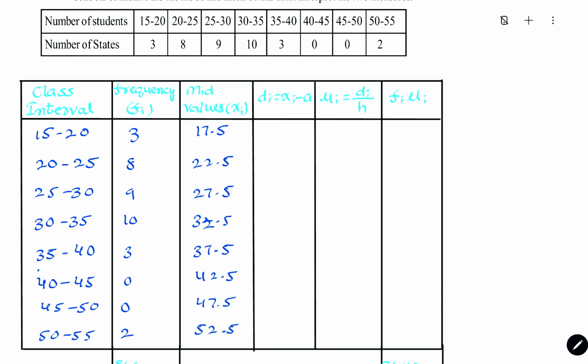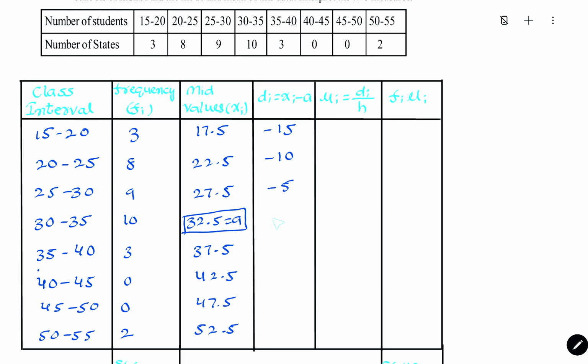52.5. Now find di is equal to xi minus a. Here assume any midpoint. Here I assume 32.5 is a. Now di is equal to xi minus a. 17.5 minus 32.5 is minus 15. 22.5 minus 32.5 is minus 10. 27.5 minus 32.5 is minus 5.